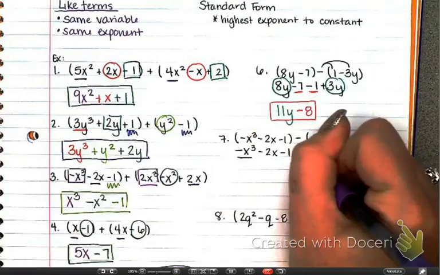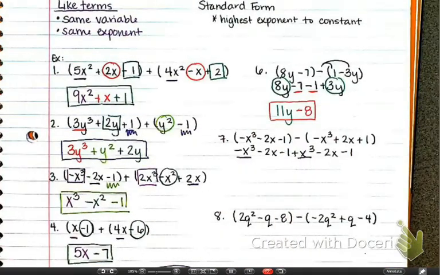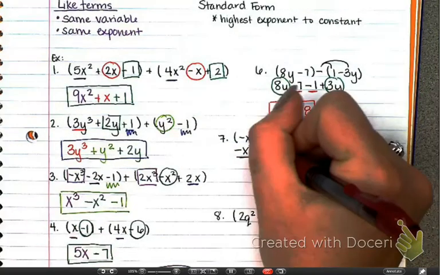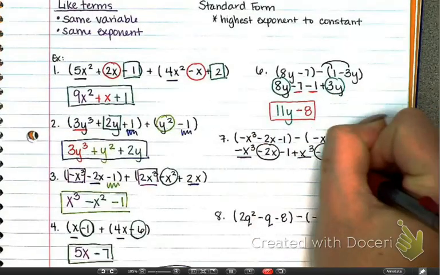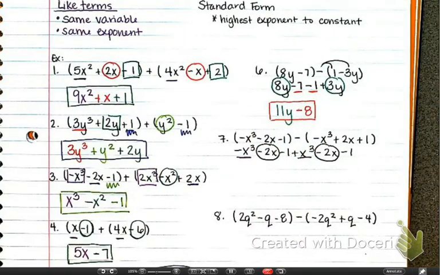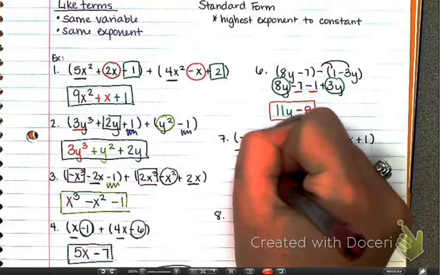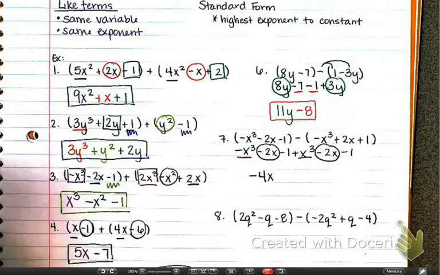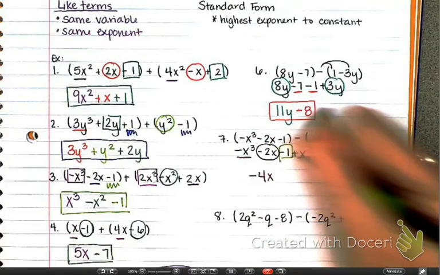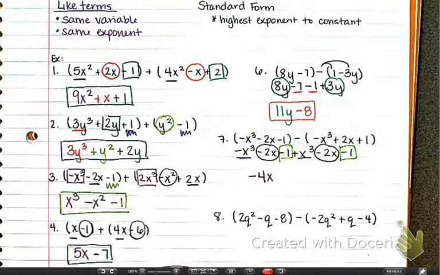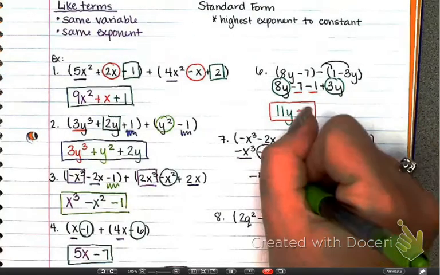Negative x to the third and positive x to the third gives me? 0. Negative 1 plus 1 is 0. Okay? Next, I have a negative 2x and a negative 2x. So negative 2 minus 2, negative 4x. And then I have a negative 1 and a minus 1. So negative 1 minus 1 is negative 2.